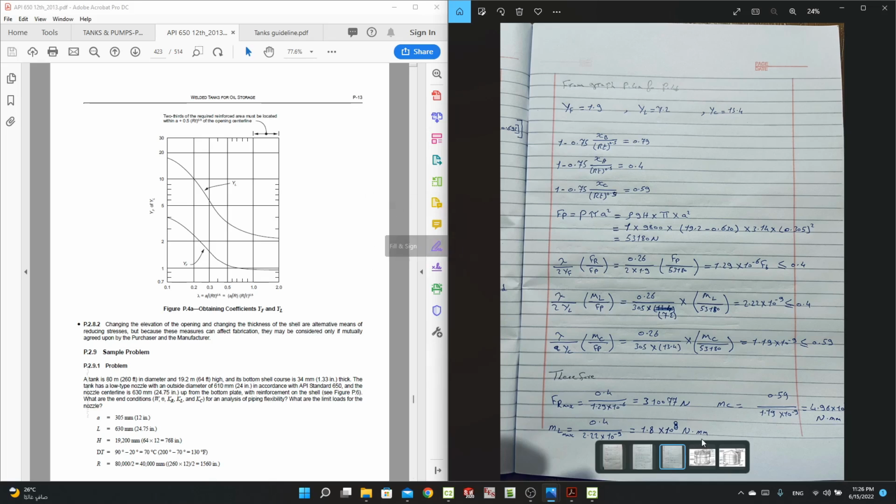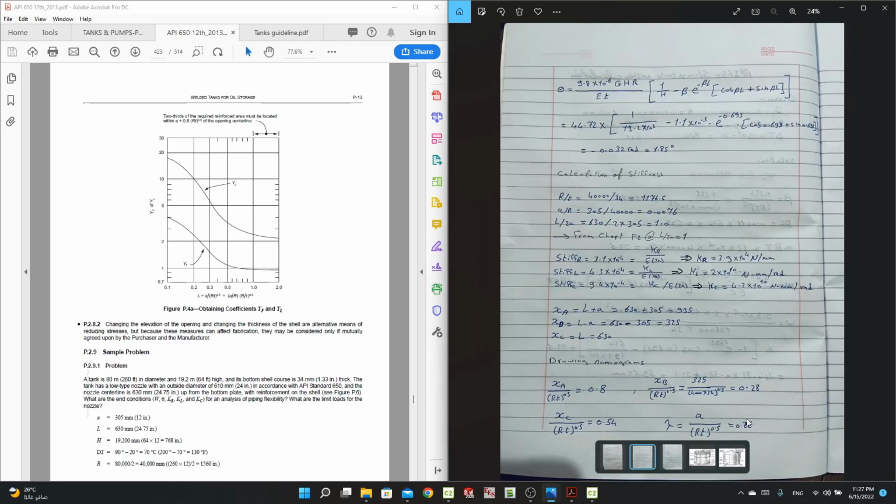We take lambda, the one that we already calculated before, and locate it, which was 0.26 here. It will be something in the middle here, and take a straight vertical line until it hits the first curve, and go in this direction, and you can get the YF.